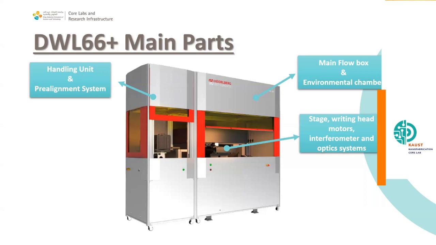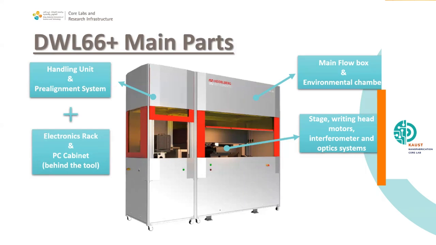Apart from that, and you cannot see it in this picture, but you will see whenever you come to see the real tool, we have the electronics rack and the PC cabinet. Now the PCs and all the electronics are in the same tower, and this tower is behind the tool. And of course, we have the screens for the PC.